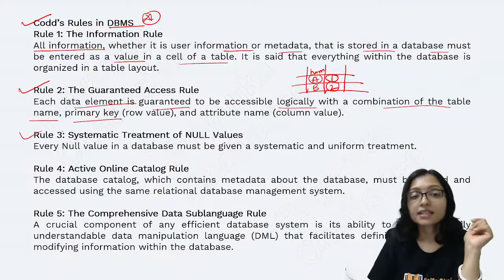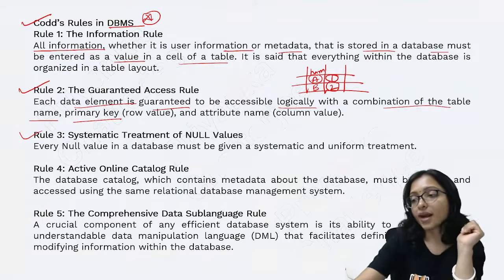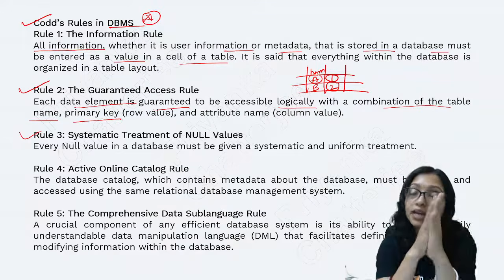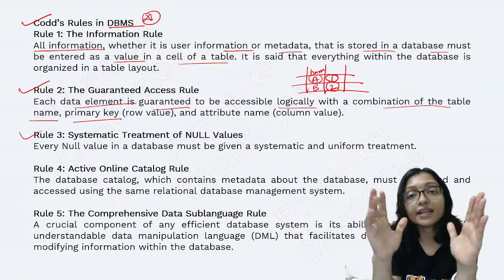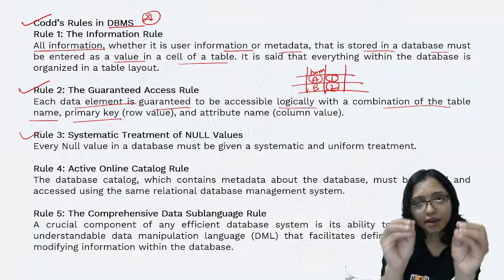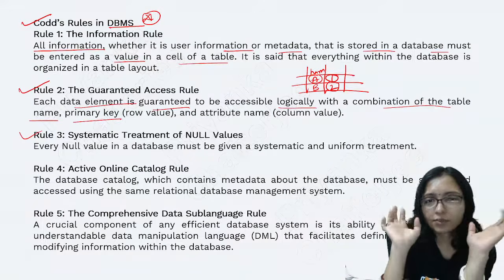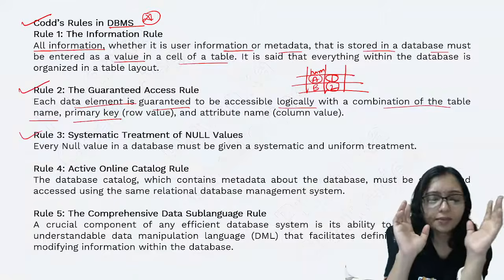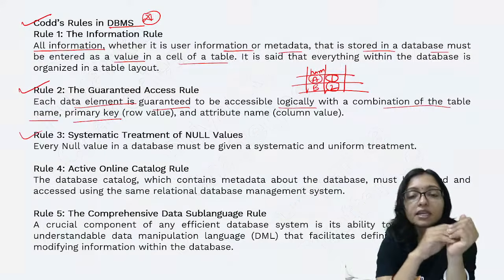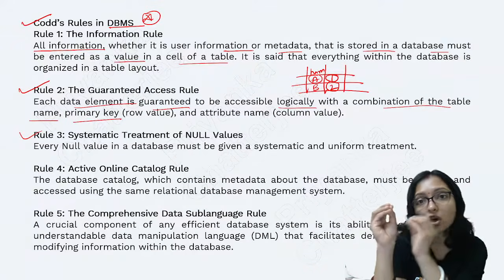Next thing is the systematic treatment of null values. Why is the systematic treatment of null values required? When any data is not there and you are storing into the database, at that time you are going to enter the data of an employee. Now you know the employee name and the employee roll number. Maybe till now the employee department is not allocated.